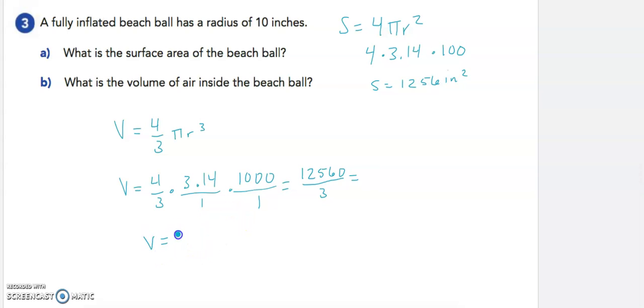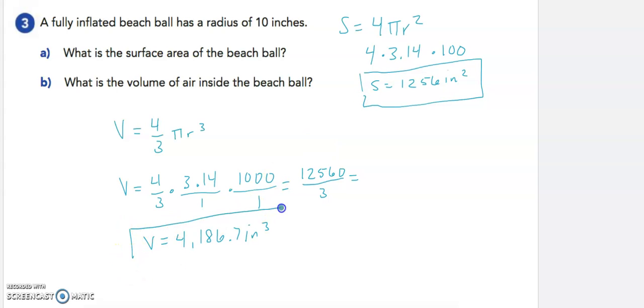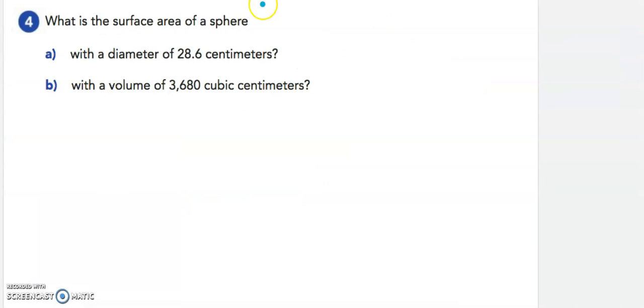So the volume equals 4,186.7 inches cubed. All right, so this is the answer for A, and this is the answer for B.